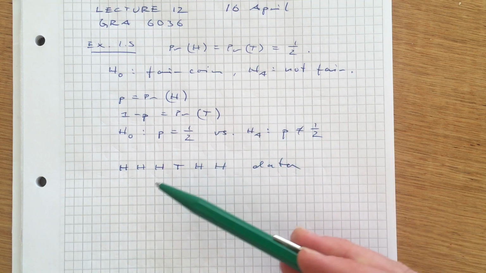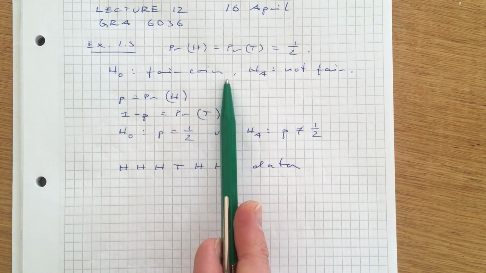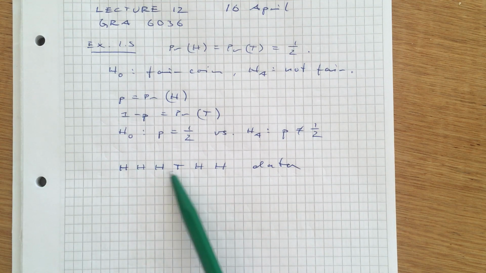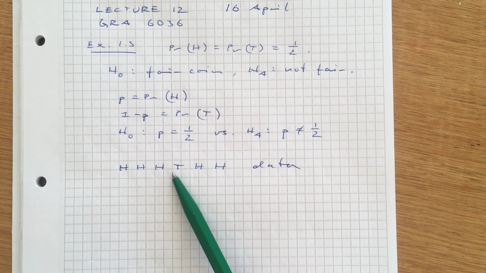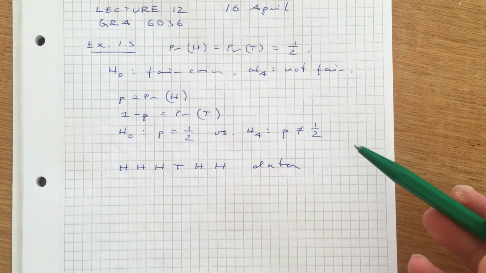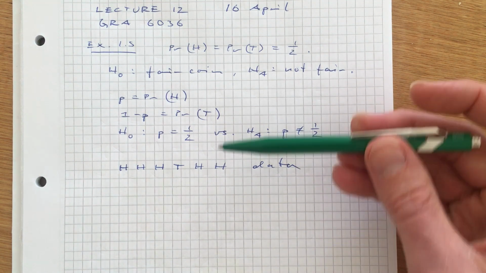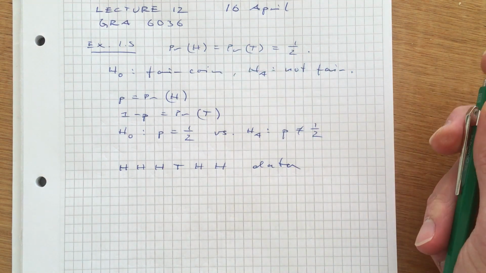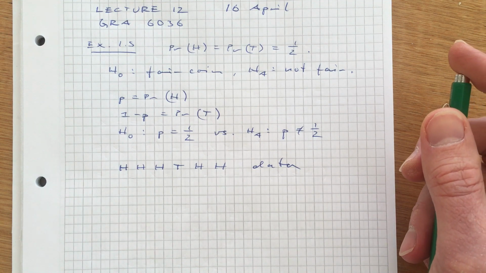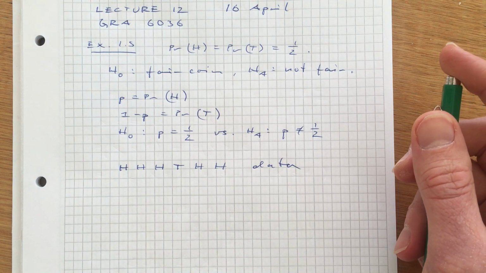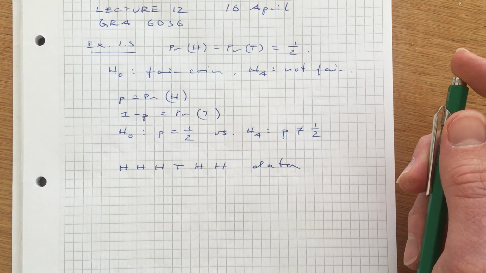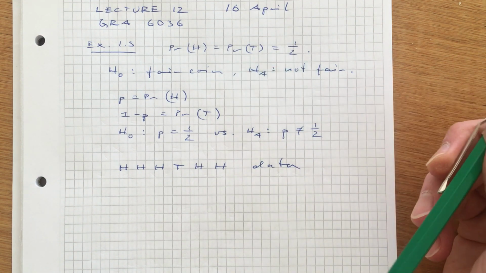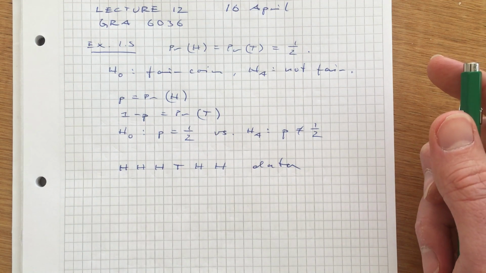Here this seems a bit strange, because it's a fair coin, and so we would expect to get about 50-50 heads and tails, and here there's only 1 tail among the 6 tosses. So this sequence is a bit strange under the assumption that our coin is fair. But the question we want to use statistics to answer is: is it strange enough for us to stop believing that the null hypothesis is true?